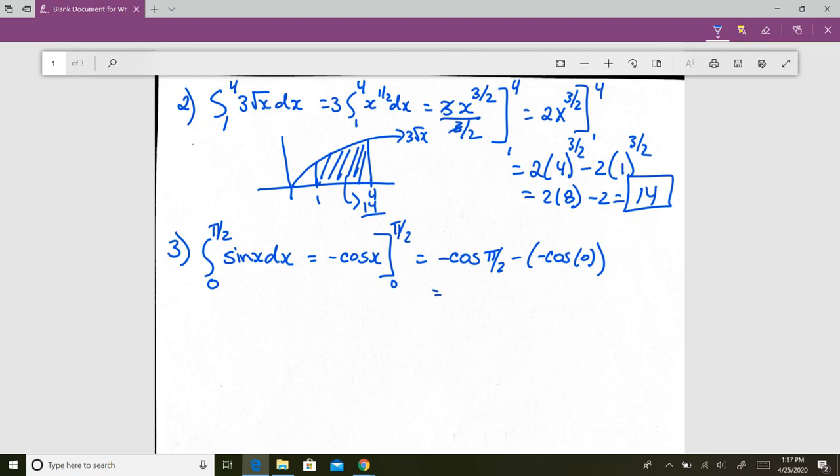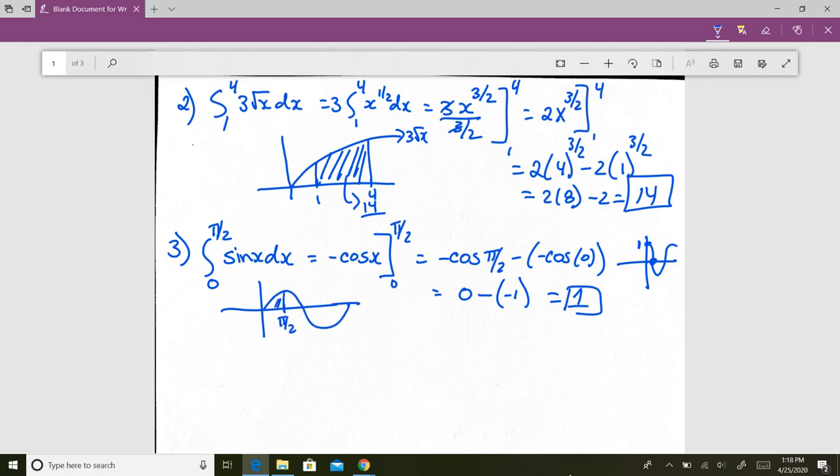So cos of pi over 2, if you remember the cos graph, pi over 2 there is 0. That's 0 minus cos of 0 is 1. It's negative 1. So that negative. So the answer is just 1. Which means if you have a sine graph from 0 to pi over 2, that area there is 1.